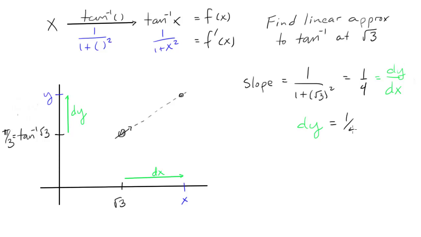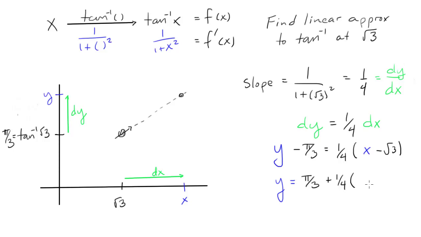So there's our changes. A change in x, 1/4 of that gives the change in y. Write down what our differentials are in terms of points. Head minus tail is our differential. Solve for y. And there's our linearization.